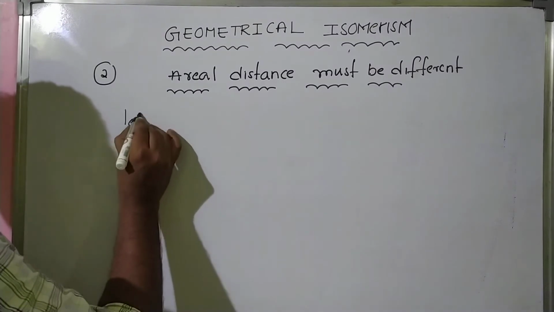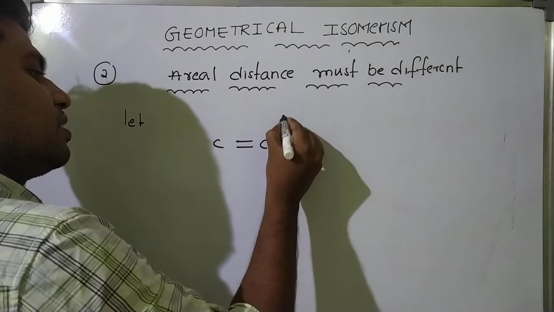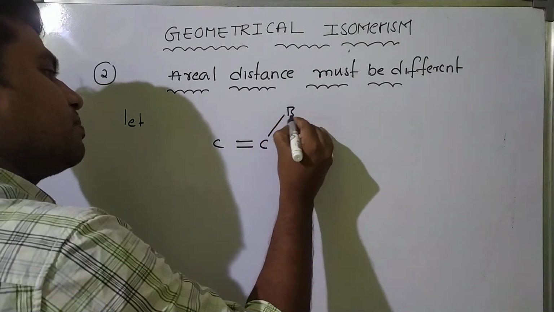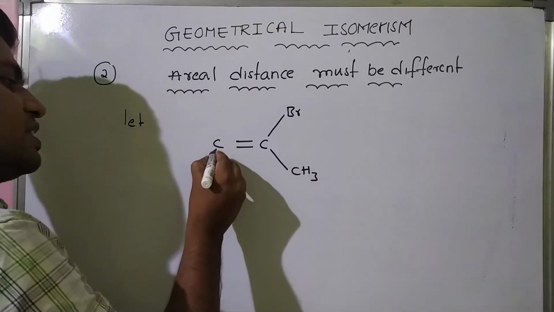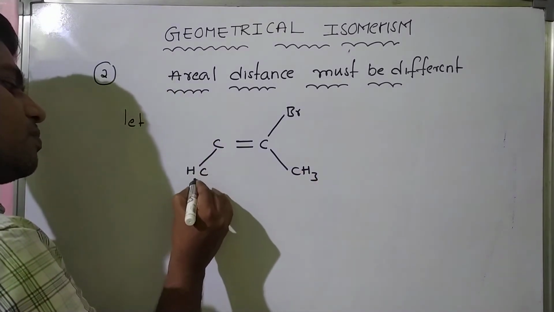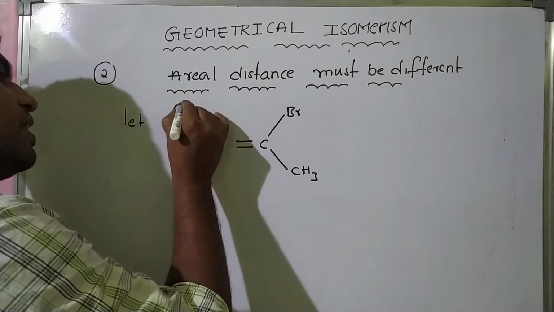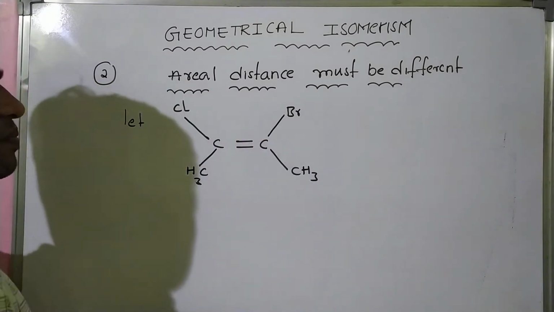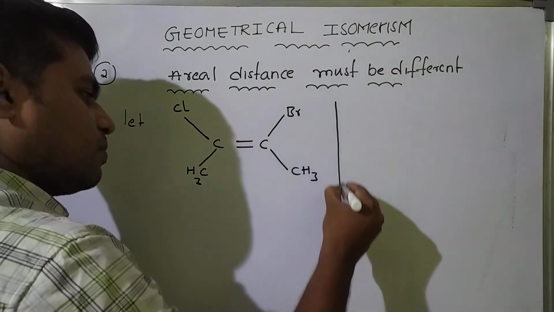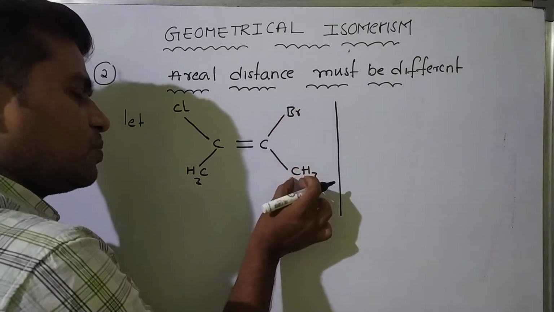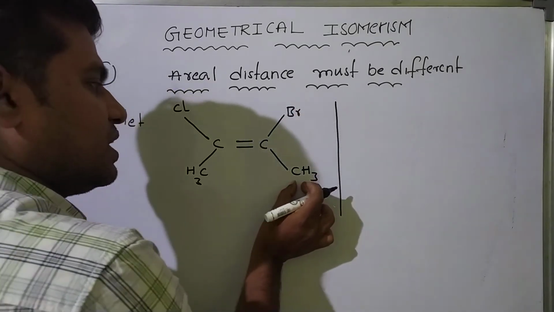Let C double bond C. So this is a bromine atom. This is a methyl group. This again a methyl group. This again a chlorine atom or bromine, whatever. See students, now I will twist these two groups, meaning exchange these two groups with each other.